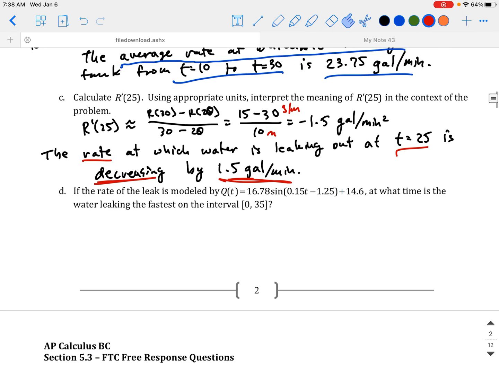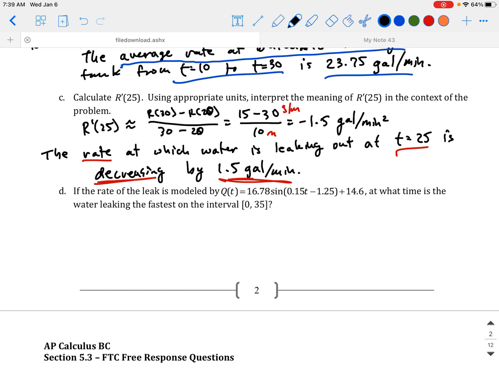And then for part D, this is going to be a graphing calculator question. If we model the rate at which the leak is occurring with this Q function, at what time is the water leaking fastest on the interval 0 to 35? So we want to know at what time is the water leaking fastest.